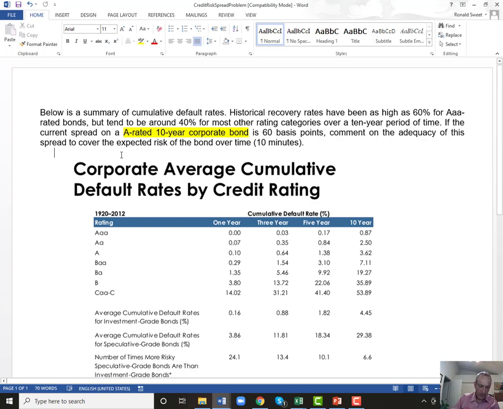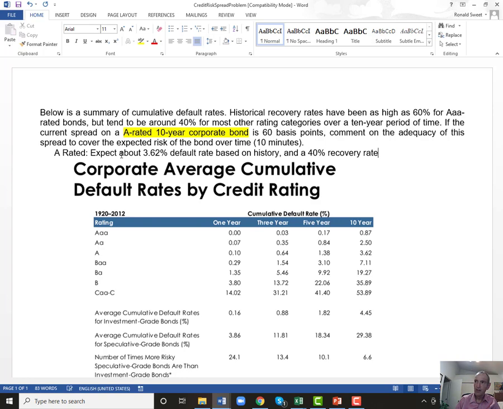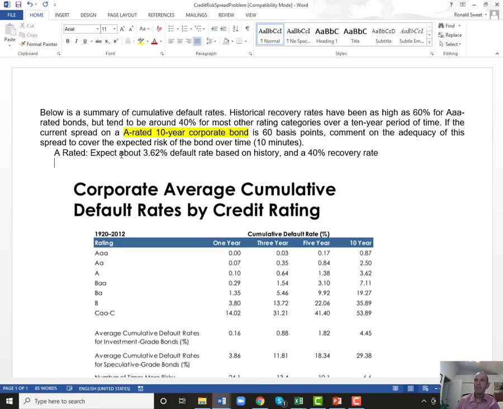So first of all, single A rated, we expect about 3.62% default rate based on history, and a 40% recovery rate. So what spread do we need?